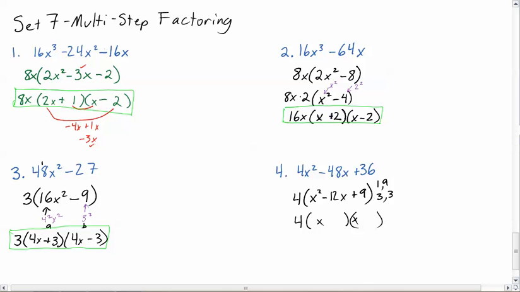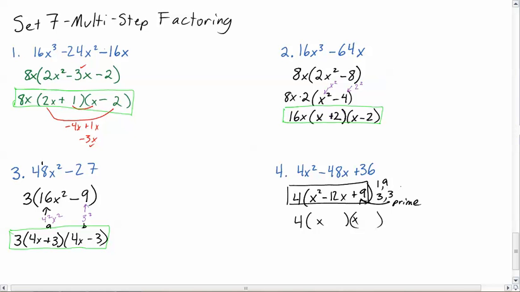So since neither of those work, I'm just going to finish it right here and say that the stuff inside is prime, and this would then be considered completely factored.